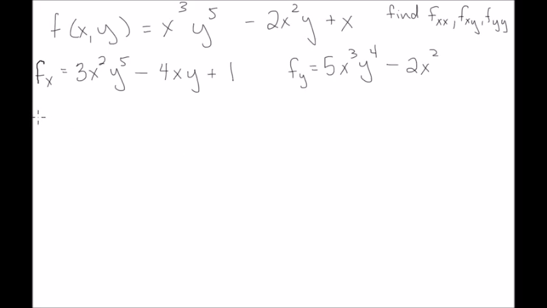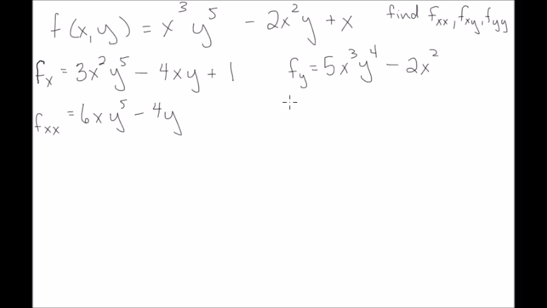To take the second derivatives, I take the derivative with respect to x of the derivative with respect to x. So I'm starting with this first derivative. I'm taking its derivative with respect to x. I get 6x y to the 5th minus 4y plus 0.